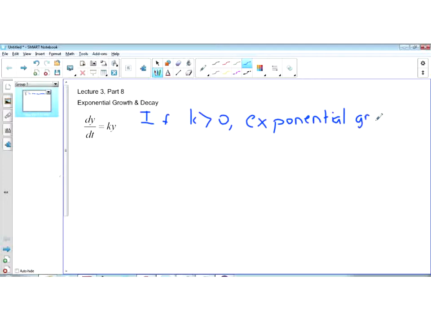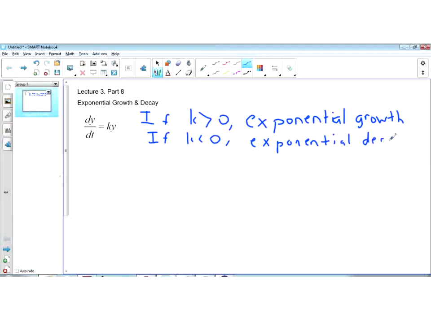And of course, if k is less than 0, then we have a phenomenon called exponential decay. And we'll talk about problems involving various values of k.